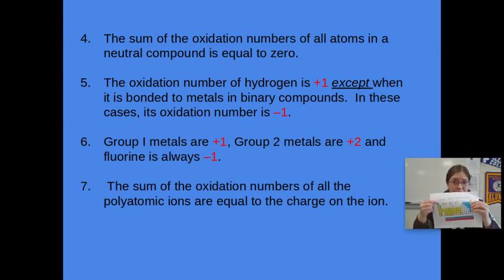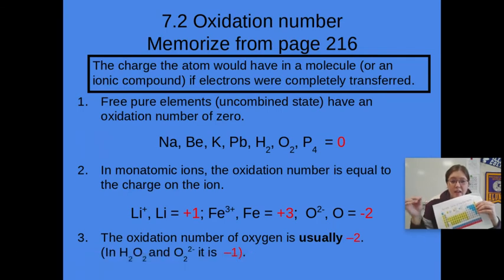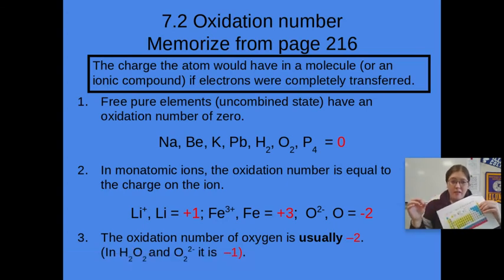So be careful of that one, because if it's with a nonmetal, let me go back. If it's with a nonmetal, for example down here, it's with a peroxide, and it's acting as though it were the metal. So each hydrogen will have, in this case, a +1 charge to equal out the -1 of the oxygen.